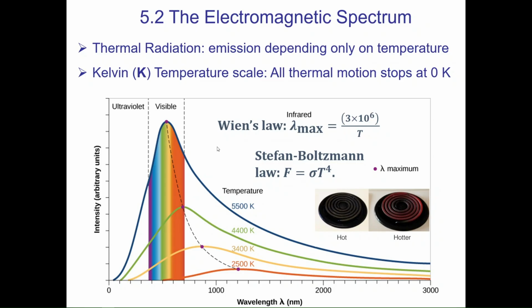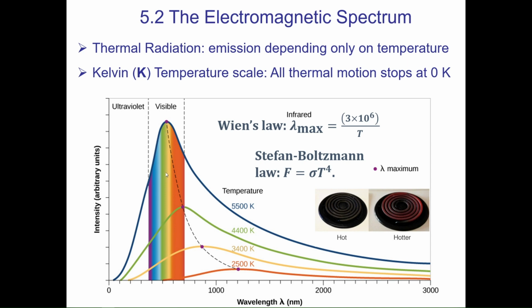And you can see that there are two different equations or laws to represent these two effects. When you increase the temperature, the peak emission wavelength actually shifts to a higher frequency, which can be described by Wien's law. So that is the highest frequency here.